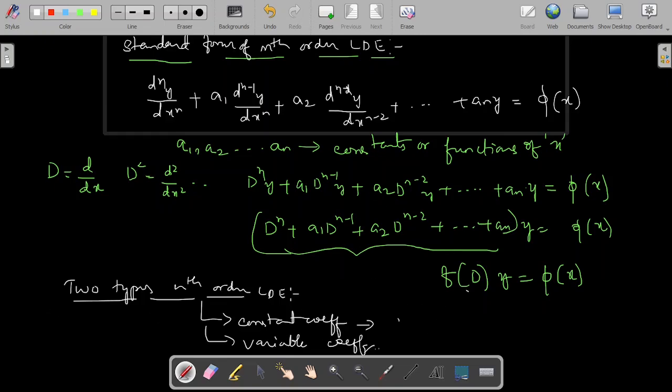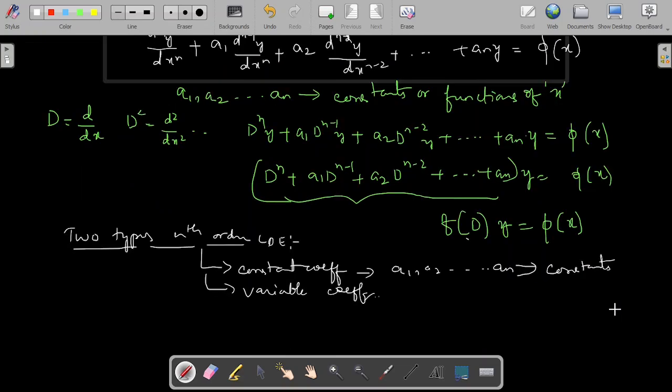Constant coefficients means a1, a2, a3, so on up to an, all these are constants. Then we call it an nth order linear differential equation with constant coefficients.